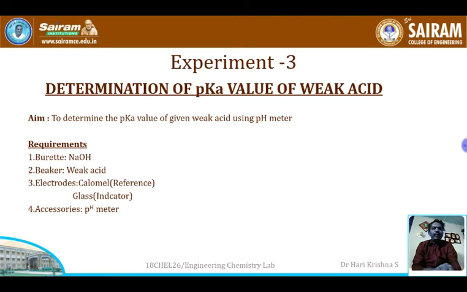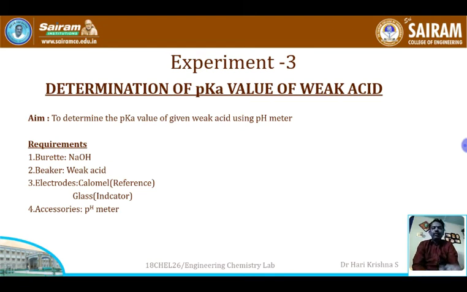Now, pKa can be determined only for a weak acid and not a strong acid. Why? Because a strong acid dissociates completely, so there is no Ka factor. Ka is the dissociation constant of an acid, and the negative logarithm of Ka is pKa.